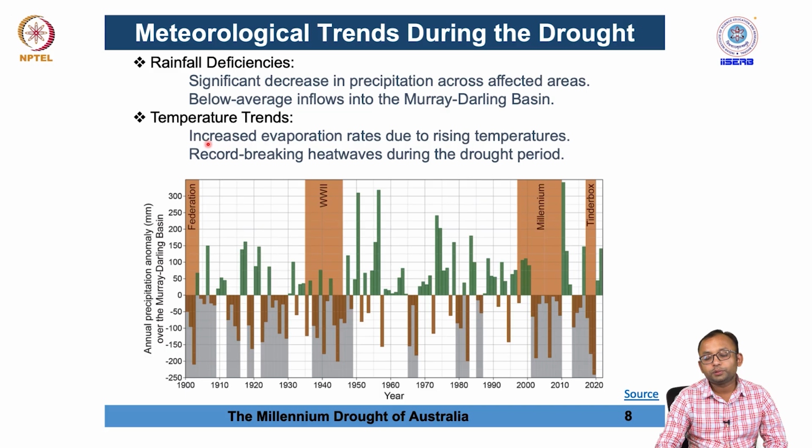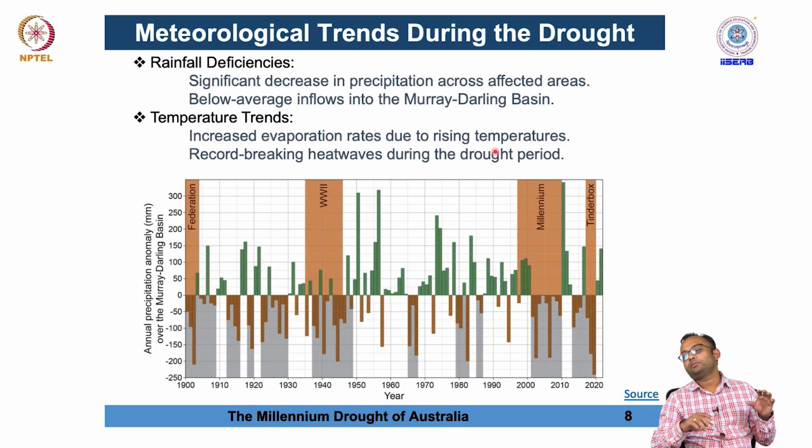We have also observed that, because of climate change, there were increased evaporation rates due to rising temperature, which also affected water resource availability and is another reason for this intense drought event, along with record-breaking heat waves during the drought period.